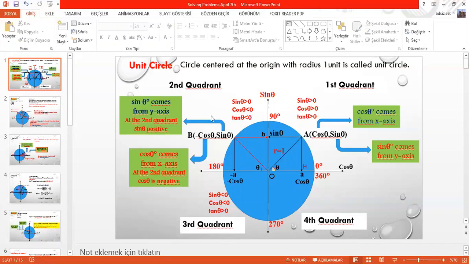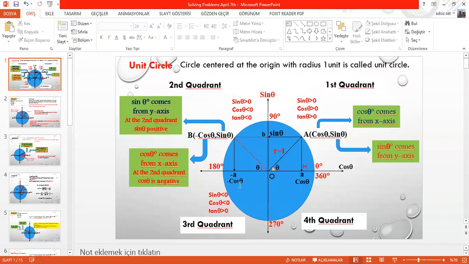So when we take a point from the second quadrant, for example (A, B), A is the first component and B is the second component. If the point is in the second quadrant, A must be negative and B must be positive, because A comes from the x axis and B comes from the y axis.